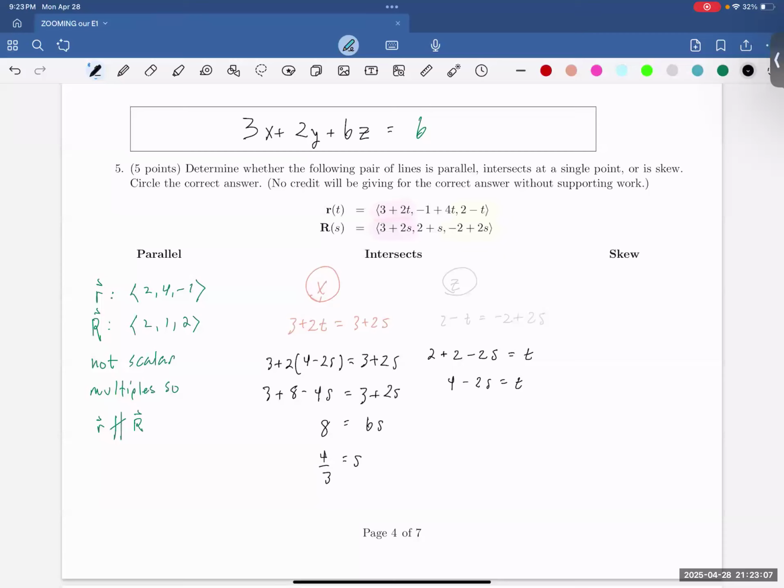Let me look back here. 3 plus 2T equals 3 plus 2S. For these to be true, S and T have to be the same. And is that right? Yeah.